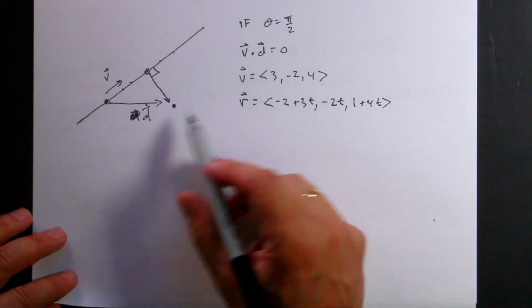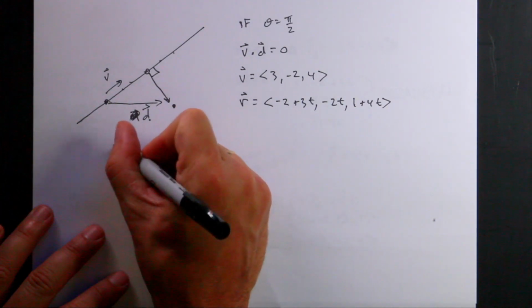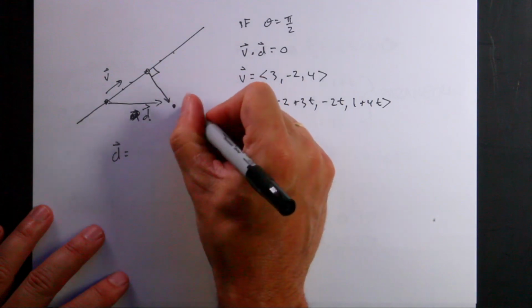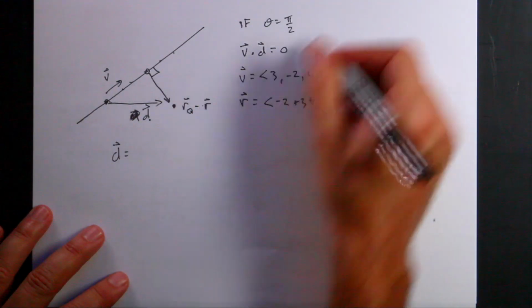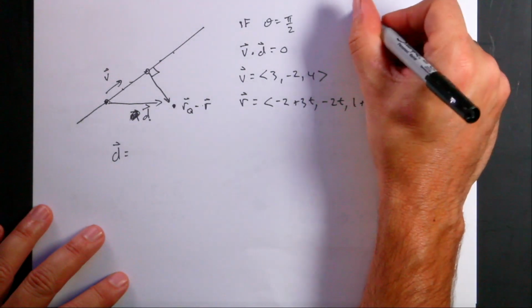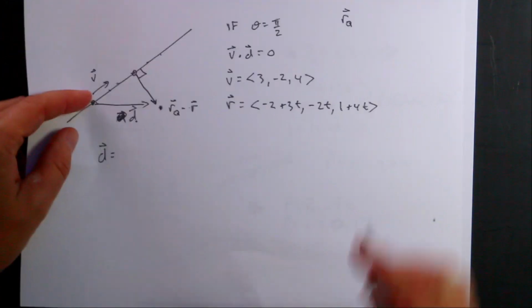So I need that so I can find this d vector, right? So d vector would be this point rq minus r. And so rq, gosh, you'd think I'd remember this. You really would. But no. 3, negative 1, 4.